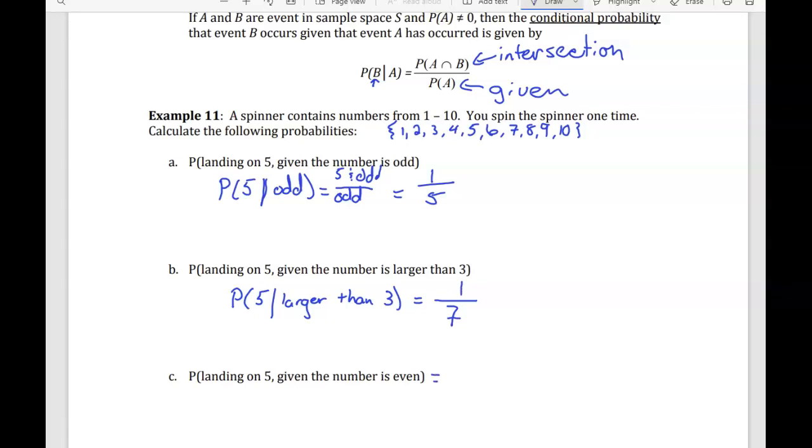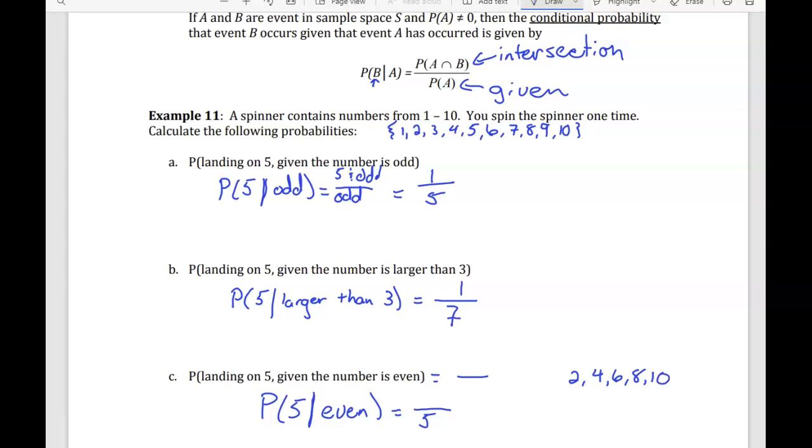Okay. Probability of landing on a 5, given it is an even number. So, given it's an even number, there are 5 even numbers, and there's 1 five, but our new sample space is this.